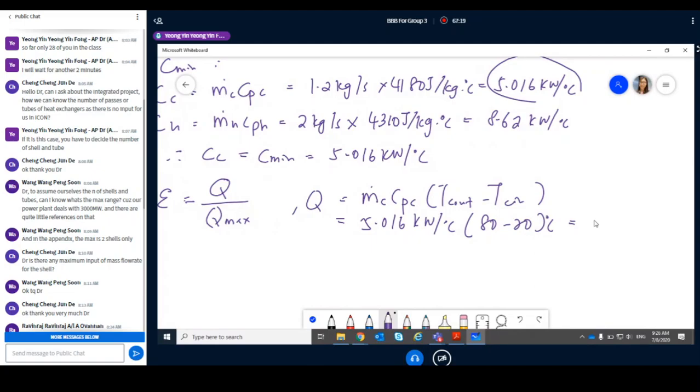Okay, so from here, what will be the next? The next, of course, we need to get the NTU, isn't it? So to get the NTU, you can use either equation or chart.